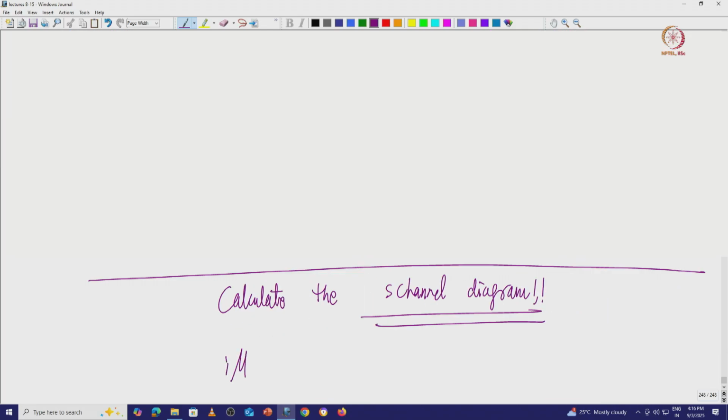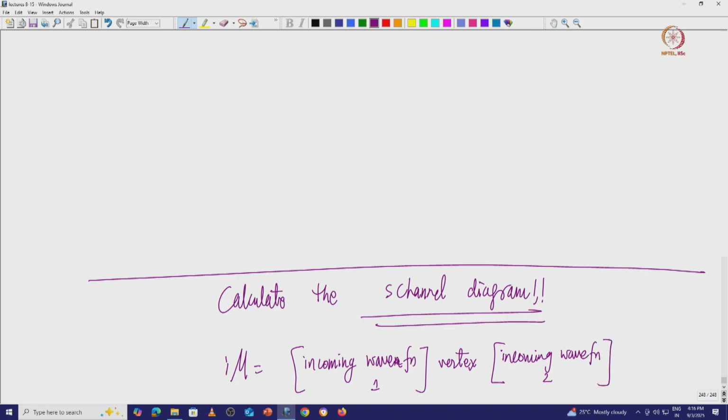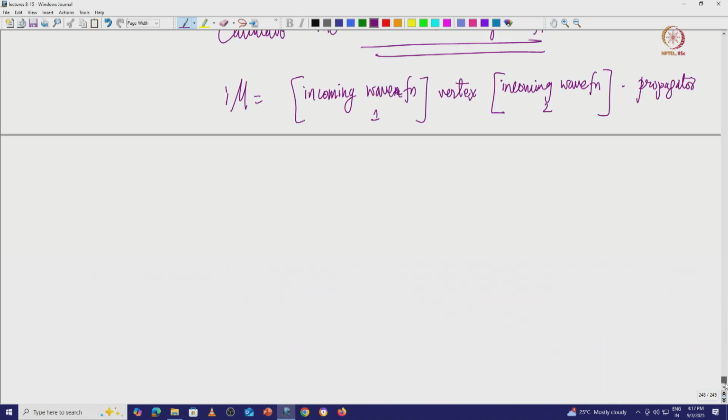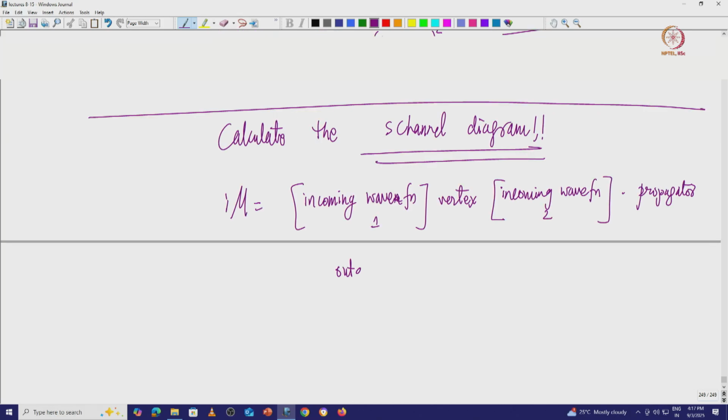So iM is equal to incoming wave function 1 times vertex times incoming wave function 2 times propagator times outgoing wave function 1 times vertex times outgoing wave function 2.